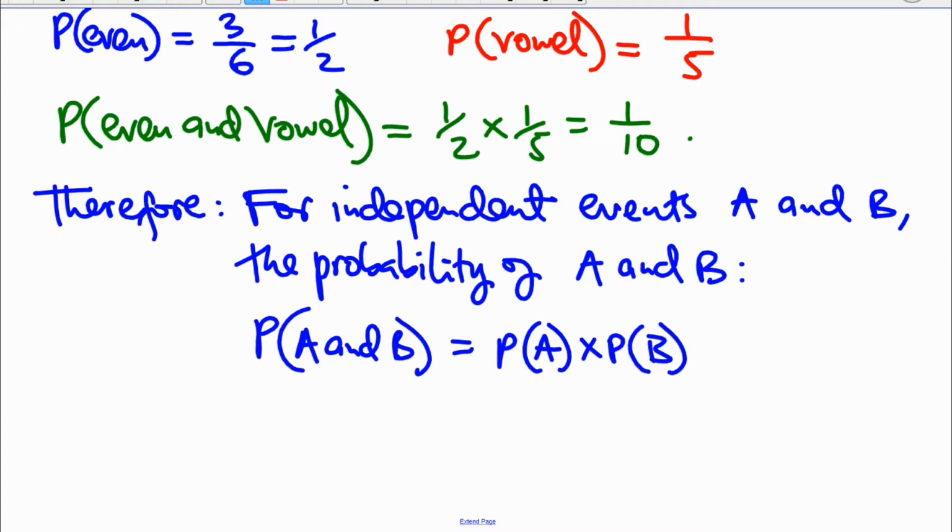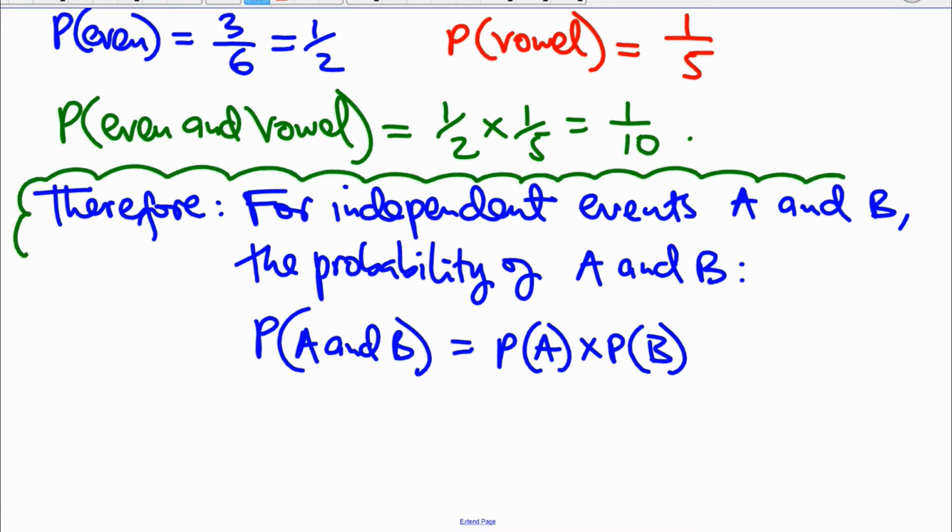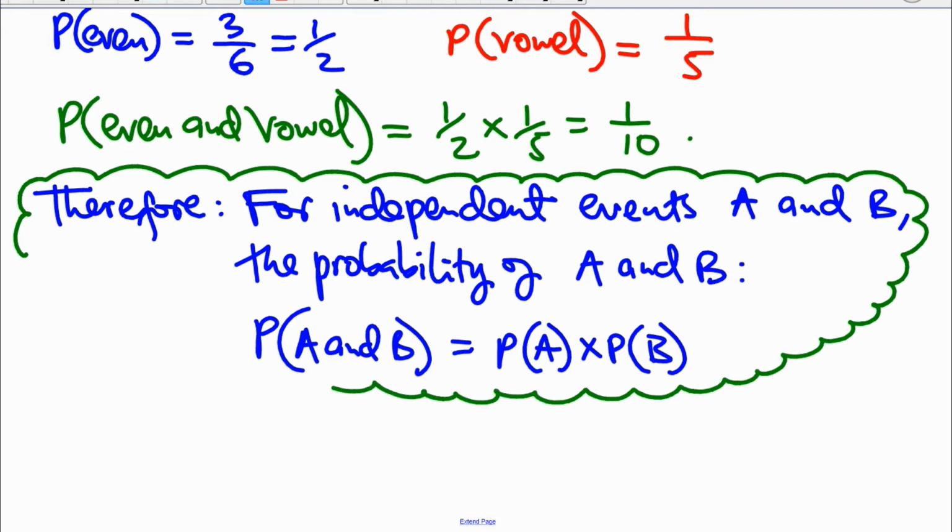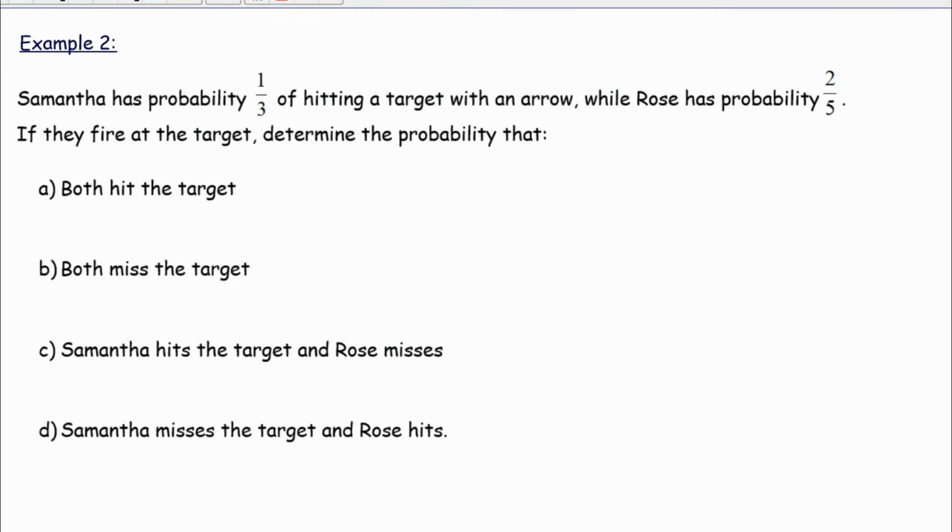Now this is very important. So for independent events, you don't have to draw a table to generate the possible outcomes. You can just multiply corresponding probabilities to get what you want. So I'm going to look at another example to show you how you can work this out without going through the long process of drawing a table.